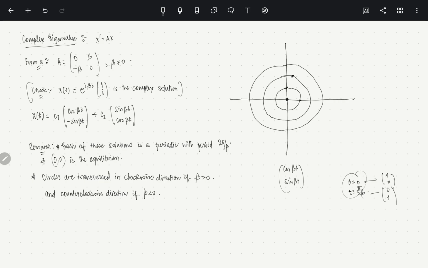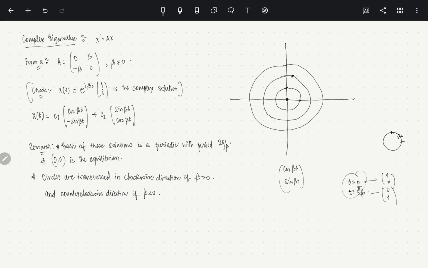So basically we want to see increasing t. T at 0 is 1, 0, and t at pi by 2 beta is 0, 1 here. So you see, this is moving in this direction. You understand? So we can draw this particular thing. So this is in counterclockwise direction.